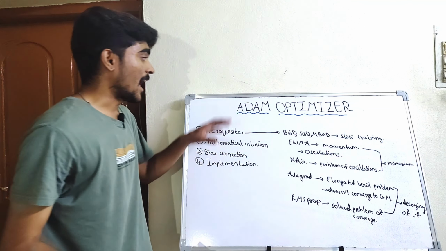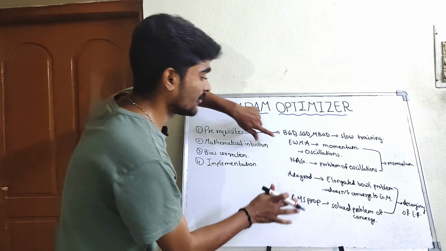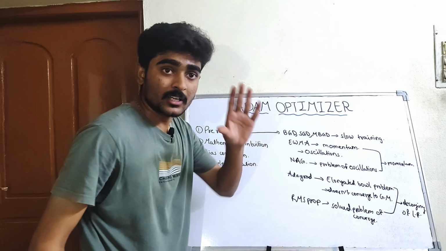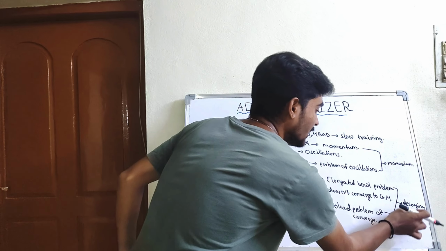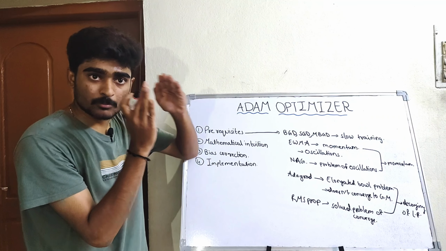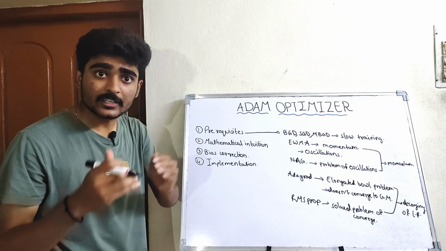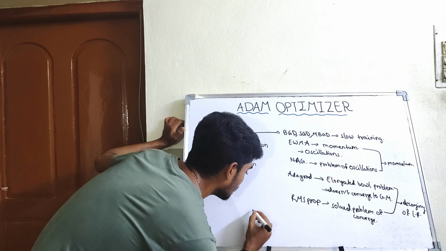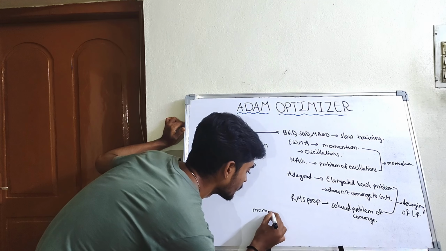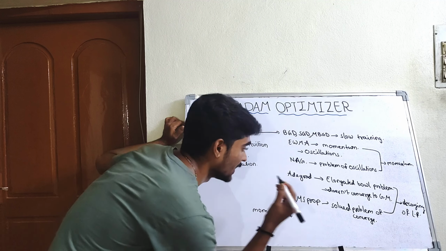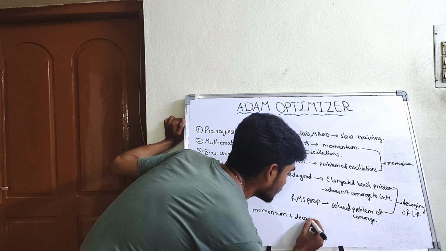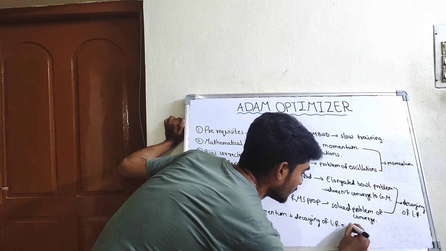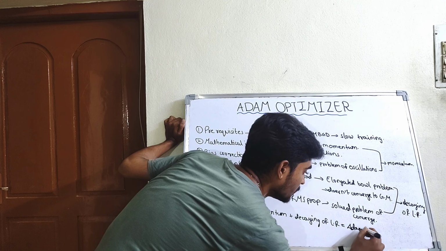Now this Adam optimizer is a combination of all these four optimizers. Let's see how. This Adam optimizer combines the concept of momentum and decaying of learning rate. The concept of momentum plus decaying of learning rate gives us the Adam optimizer.